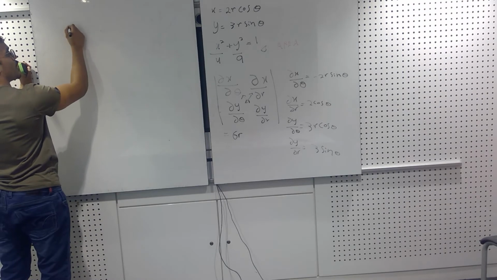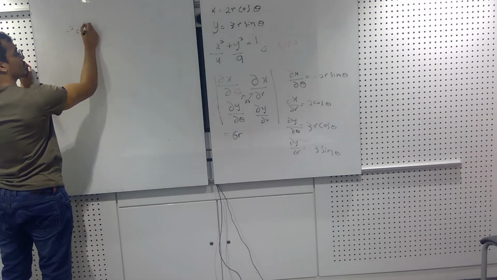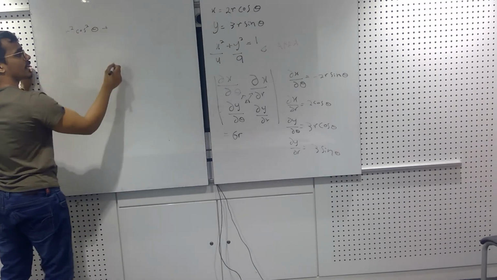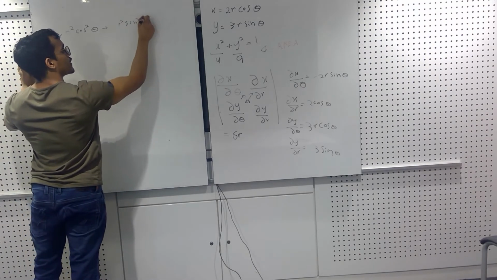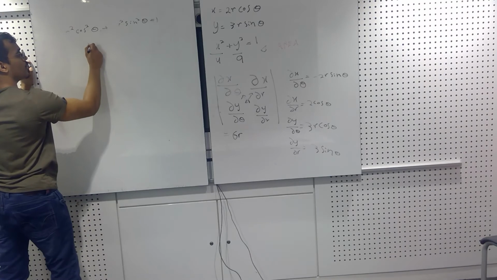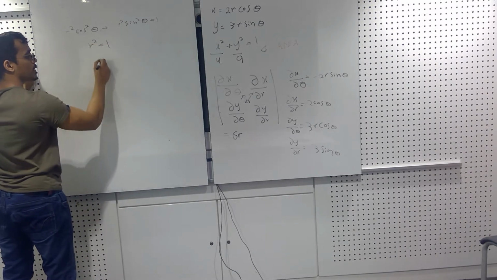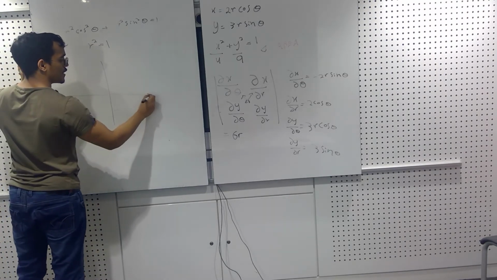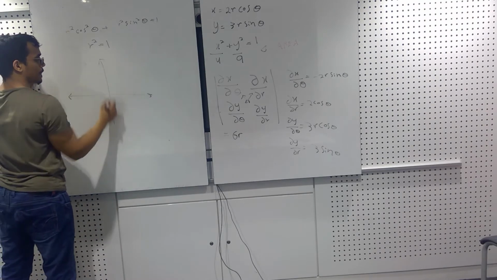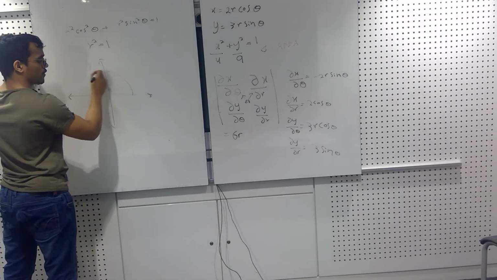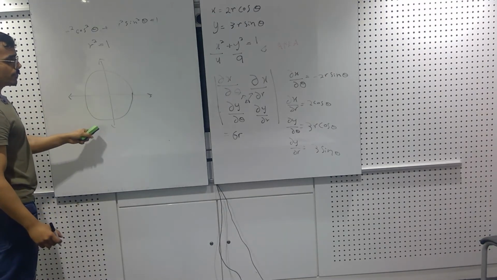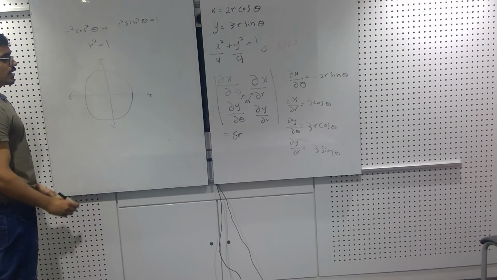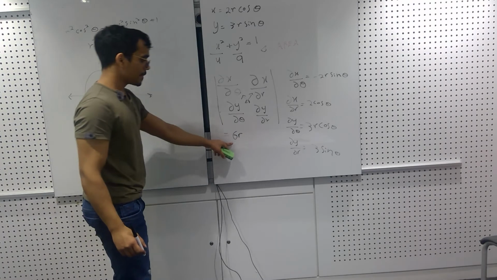We will get r square cosine square of theta plus r square sine square of theta is equal to 1, or r square is equal to 1. So this thing is actually a circle in the polar coordinate.